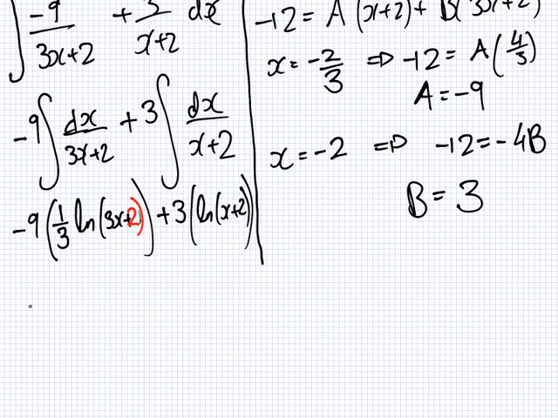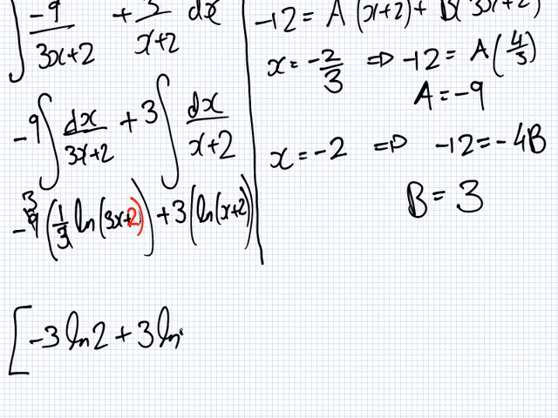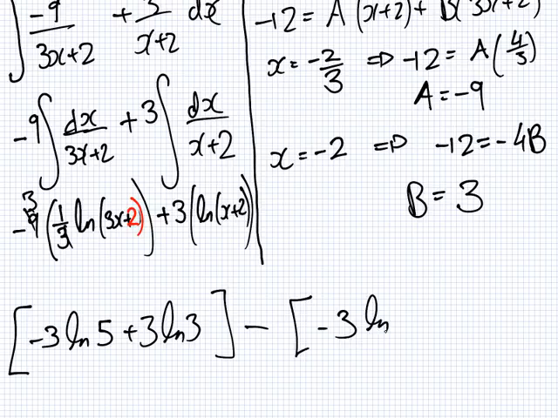So I'll put in the 1 first, minus 9. Well, that will simplify down to make minus 3 log 5 plus 3 log 3, and then I put in 0, minus 3 log 2 plus 3 log 2.